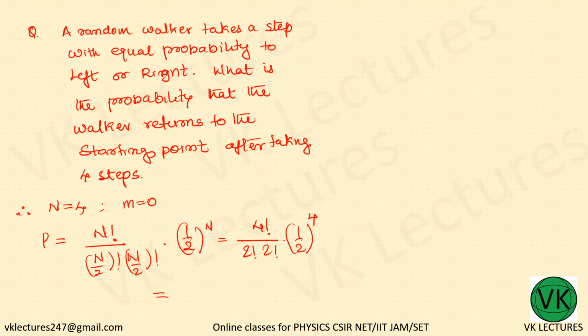So this is 1 into 2 into 3 into 4, over 1 into 2, 1 into 2, times 1 by 16. So 1 2 get cancelled, 2 and 4 goes for 2, that is 6 by 16, that is 3 by 8. So the probability of reaching the destination is 3 times out of 8.